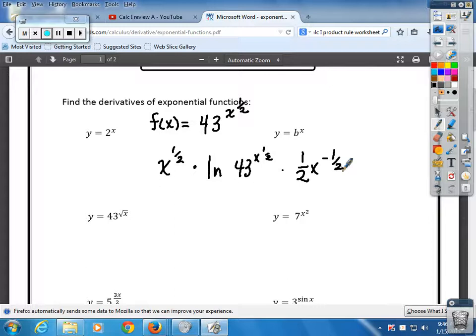And then you can take that one and combine it with this one. That's going to be adding the exponents. What do you come out with? X to the 0? So you get x to the 1/2, times 1/2 x to the negative 1/2, times the natural log of 43 x to the 1/2.